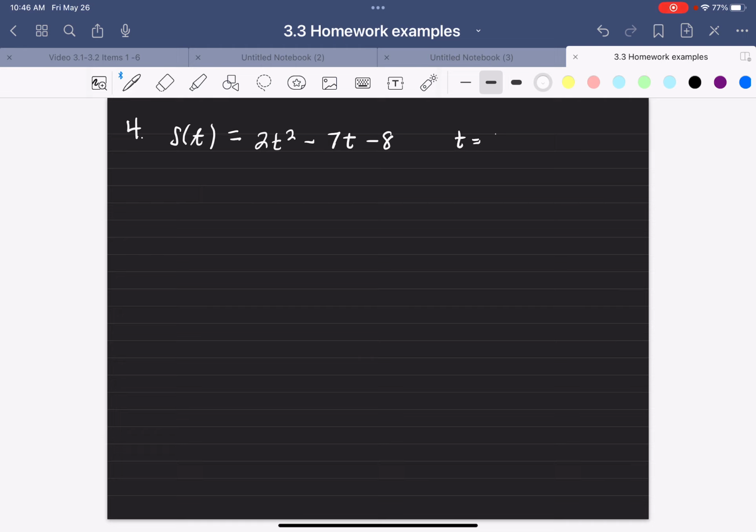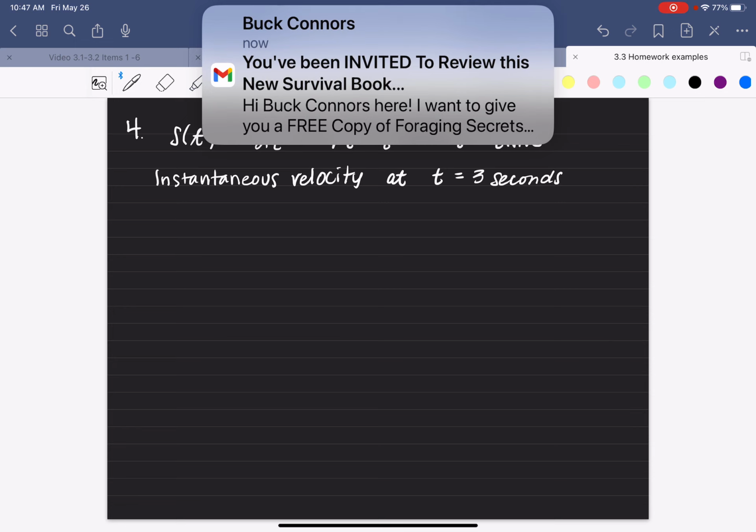They don't really tell us that, but they do say that we want to find the instantaneous rate of change, or in this case, since it's the velocity, instantaneous velocity at time equals 3, and they don't say, so I'll just say 3 seconds. They didn't give us a time unit, but it's time 3, as they say.